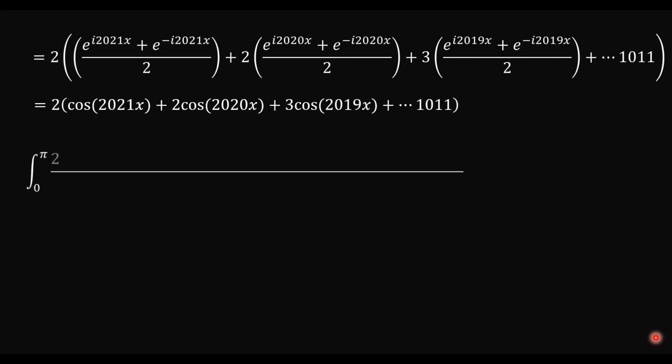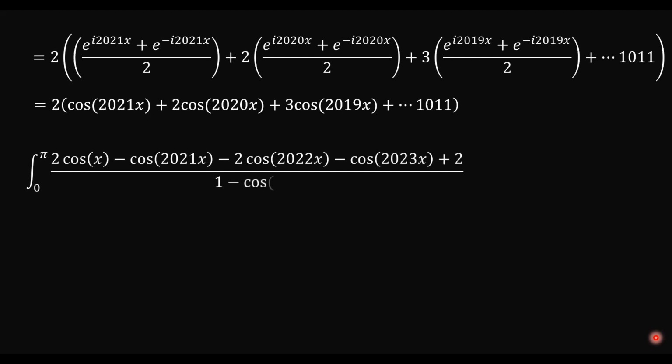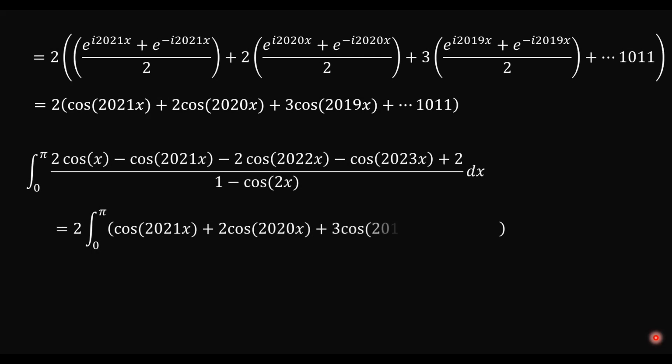So our integration of 2 cosine x minus cosine 2021x minus 2 cosine 2022x minus cosine 2023x plus 2, over 1 minus cosine 2x, is the same as the integral of twice cosine 2021x plus 2 cosine 2022x plus 3 cosine 2019x plus 4 cosine 2018x all the way to 1011.